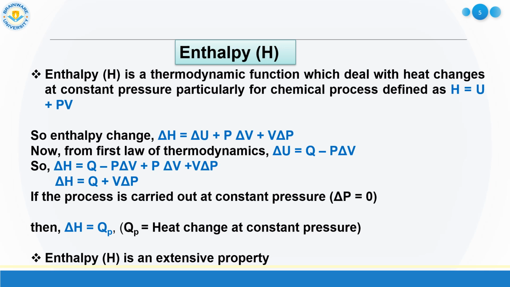Enthalpy change is nothing but the heat change of the system at constant pressure. Like internal energy, enthalpy is also an extensive property and it is a state function. That means we can calculate the enthalpy change of a system by subtracting the initial value from the final.